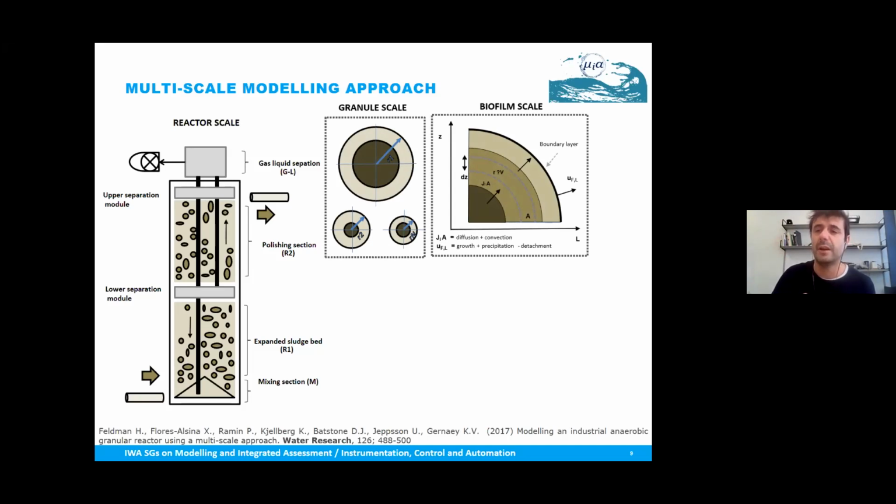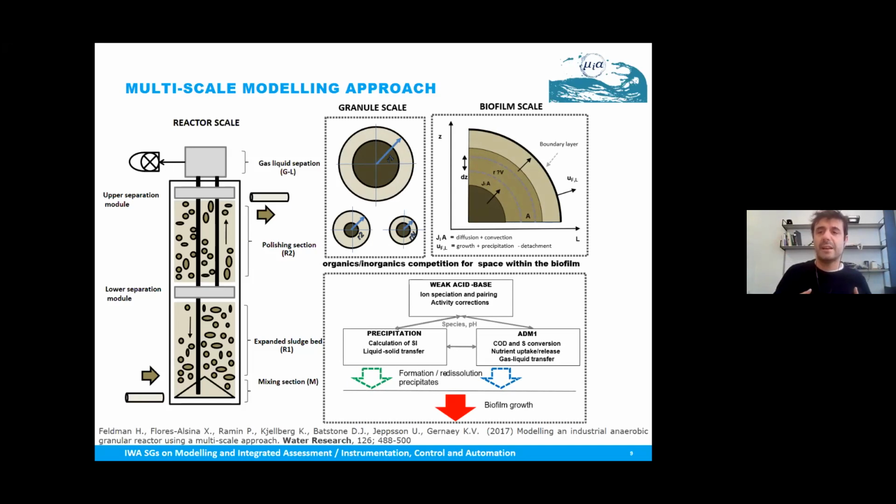We described the movement of solubles with diffusion and the movement of particulates through convection. This is a general schematic of how the biofilm growth was described mathematically. On one hand, we had precipitation, the formation of different types of inorganics. We also had the growth of the different types of biomass. And in the middle, we had the weak acid-base chemistry, which was the glue that held all these elements together. So this is the model.